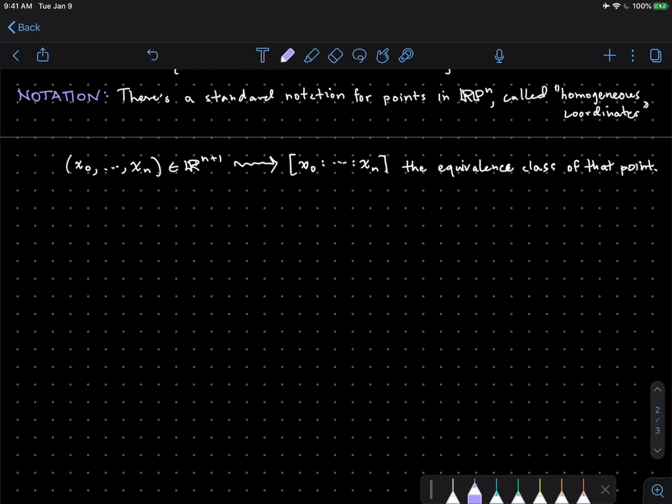So all of the topological spaces that we introduced already come in infinite variants. And so let me say, first of all, there's a map from R to the n, including into R to the n plus 1.